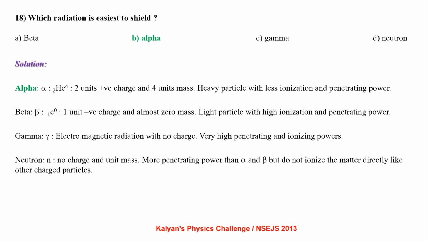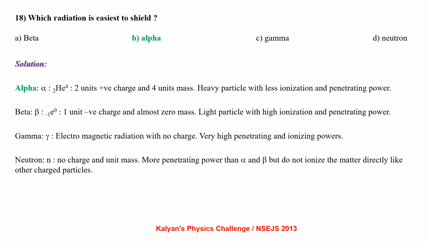Which radiation is easiest to shield? Beta, alpha, gamma or neutron? Alpha is nothing but helium nucleus having 2 units of positive charge and 4 units of mass. It is the heaviest particle which has less ionization power and less penetrating power. Beta is nothing but electron having unit negative charge and almost zero mass.